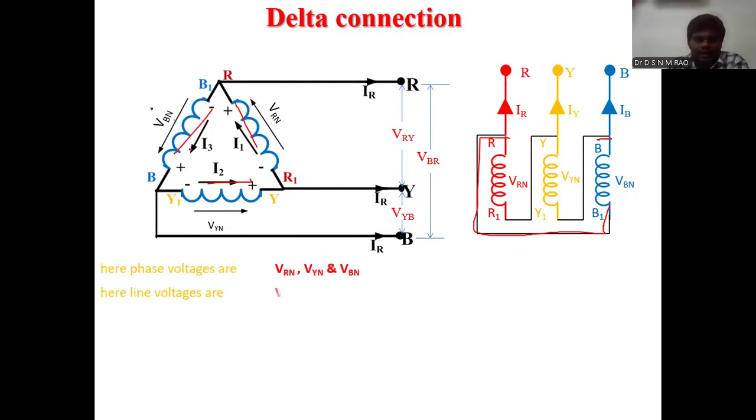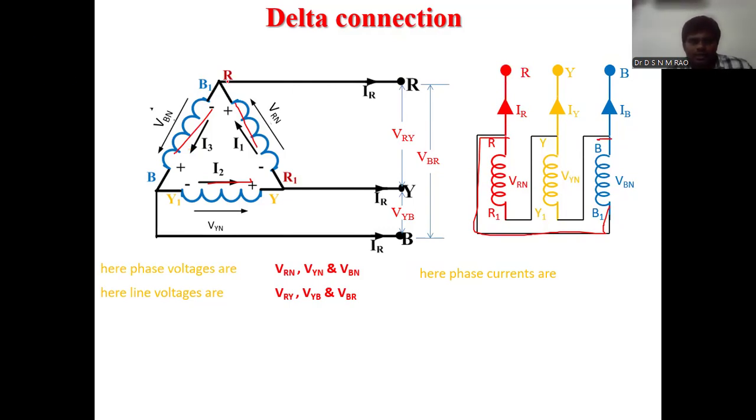For a three-phase balanced system, as we know, the three phase voltages are equal: VR equals VY equals VB equals V phase. Similarly, the phase currents are also the same: I1 equals I2 equals I3 equals I phase.